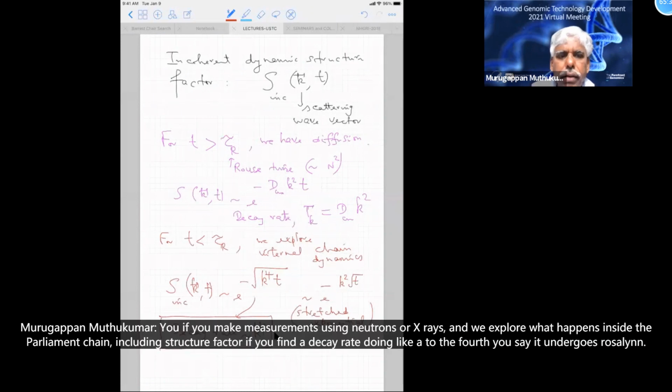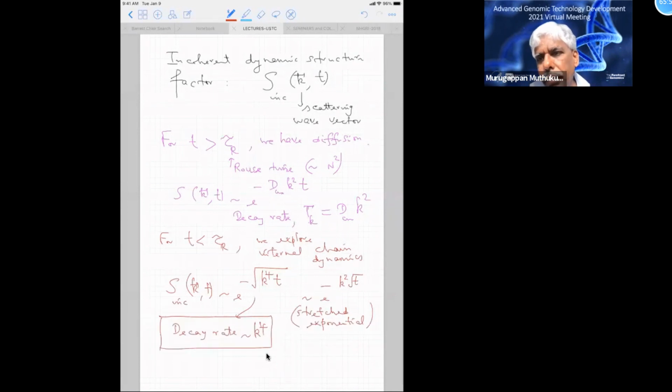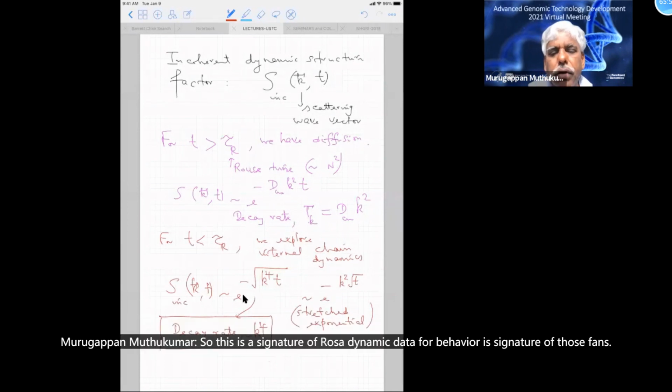If you make measurements using neutrons or X-rays, and explore what happens inside the polymer chain, the incoherent structure factor, if you find a decay rate going like k to the 4, you say it undergoes Rouse dynamics. So this is the signature of Rouse dynamics.